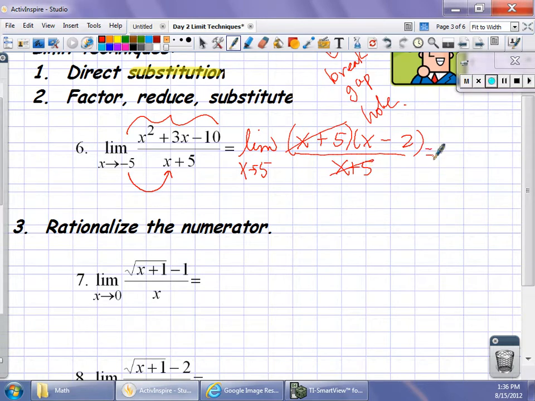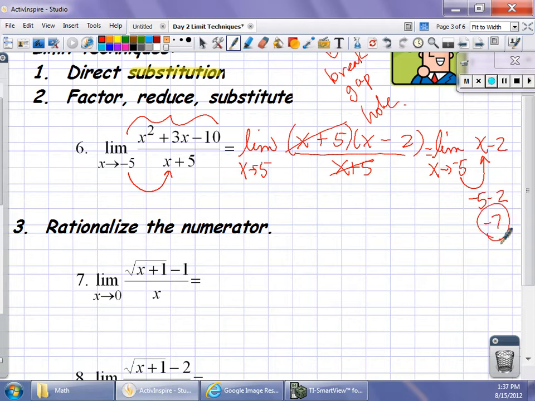Now that I've removed the discontinuity, limit as x approaches negative 5 of x minus 2, no longer now do I have that factor of x plus 5 in the denominator, so I now can use my direct substitution, and I'll get a y value of negative 7.